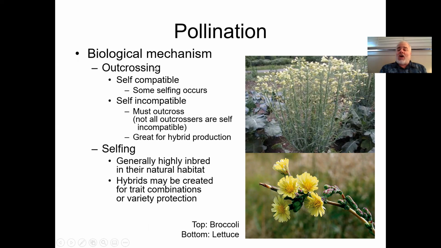One is called outcrossing. Outcrossing is where pollen from one plant goes to another plant that is genetically dissimilar. They're not genetically identical. So if I have a whole bunch of clones, an example would be a tomato patch in the Galapagos Islands. All of the tomatoes in a tomato patch in the wild, they're all clones of each other.